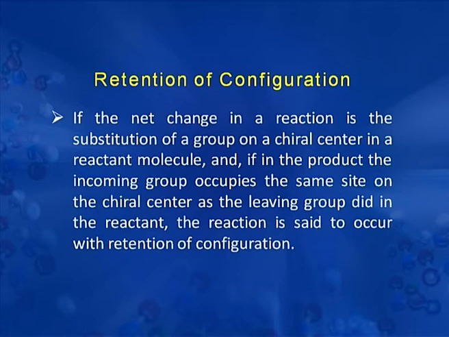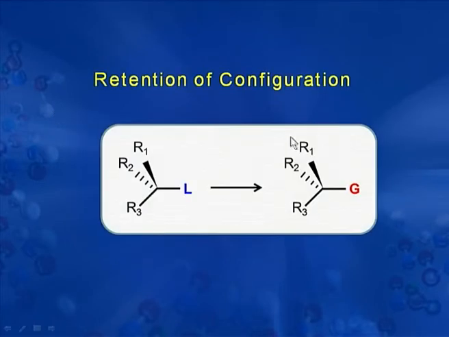We can see it with the help of this structure. Say this L represents a leaving group, some reaction is carried out, but this group that has come occupies the same position and the position for all other three groups remains the same. Then we say that in such a reaction configuration has been retained.